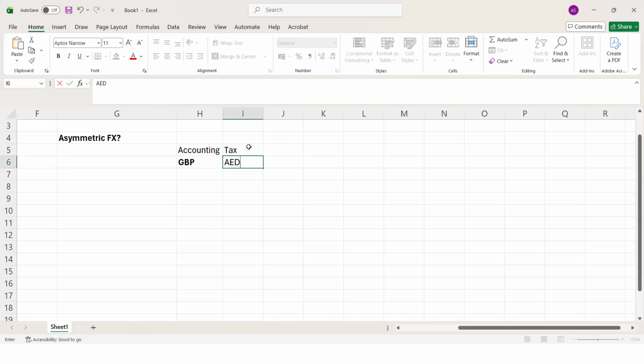Let's take AED. So there is an asymmetry in accounting and taxes. Yes or no? Now, how does this asymmetry apply?